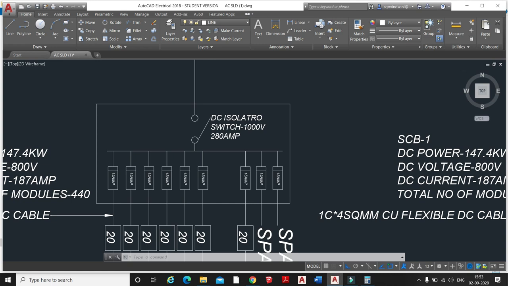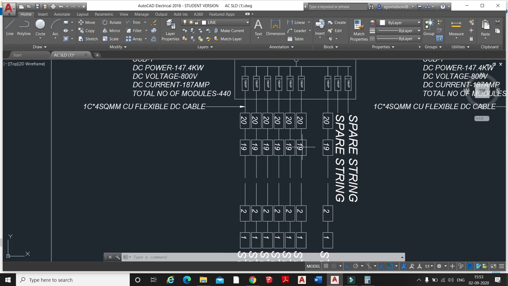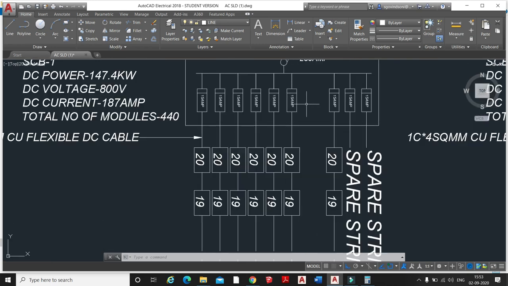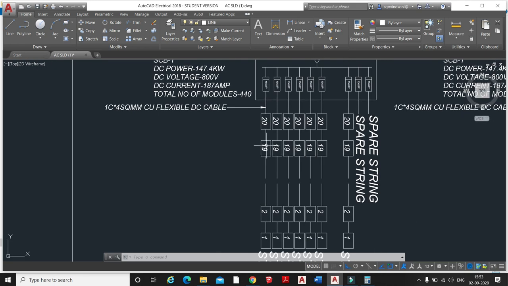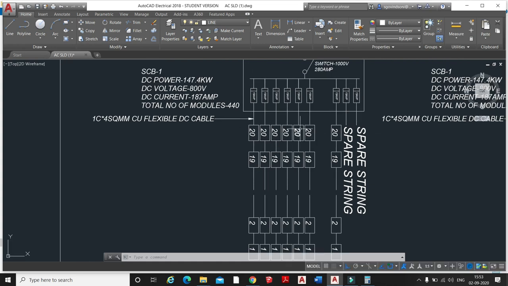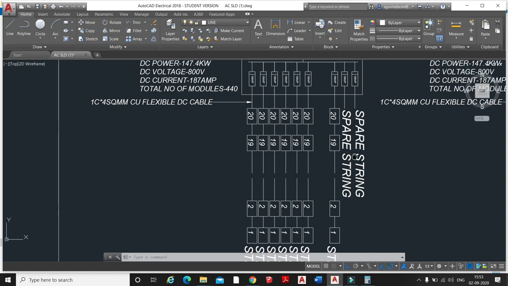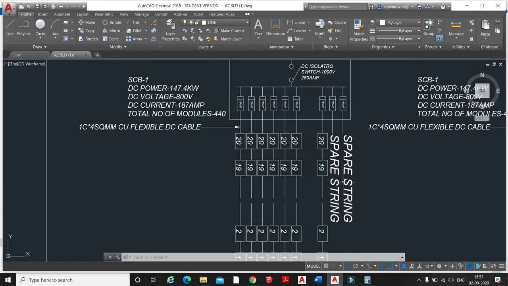As from the SLD we can see here, the total number of strings is 22, because we know that when we connect modules in series we increase the voltage, and when we connect strings in parallel we get the current. So now you can see there are 22 strings in parallel.